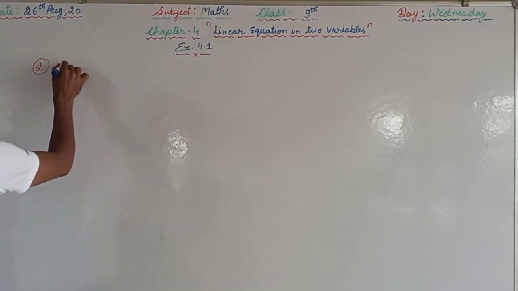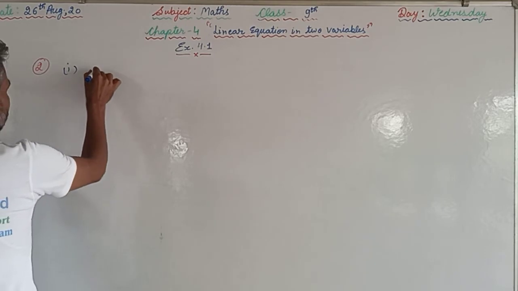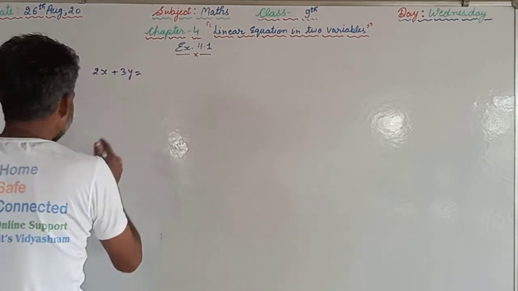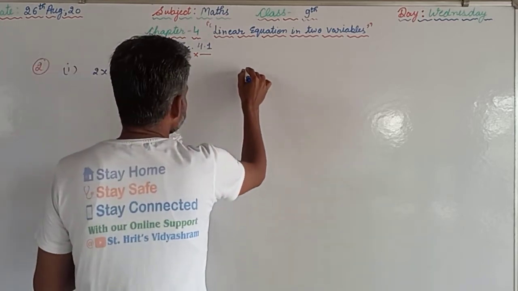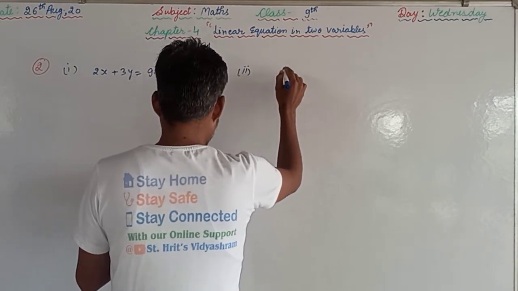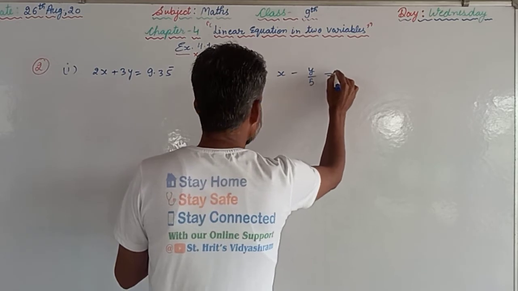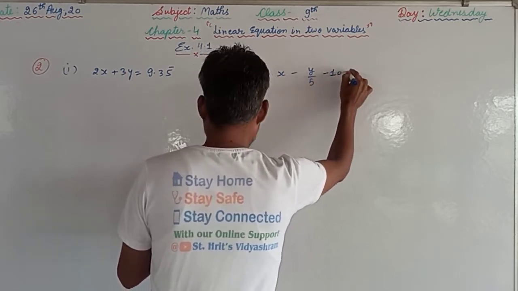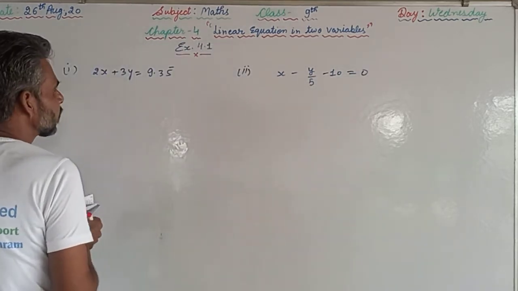The first one is 2x plus 3y is equal to 9.35 bar, and the second one is x minus y upon 5 is equal to minus 10. So we are supposed to write in the standard form.